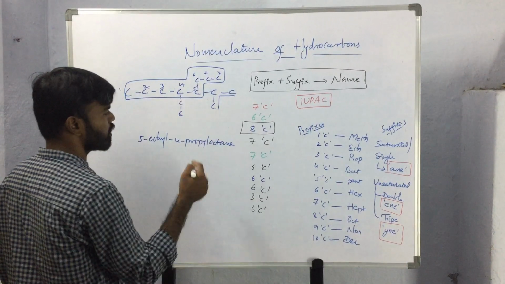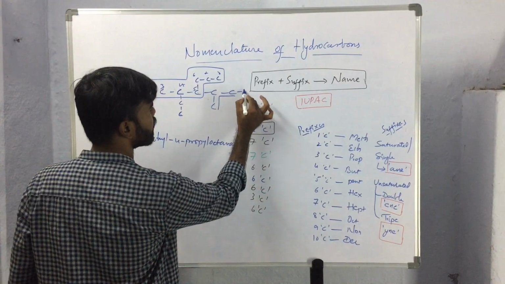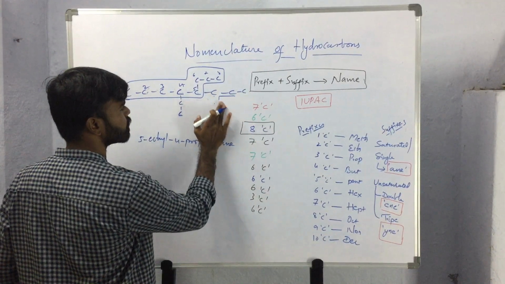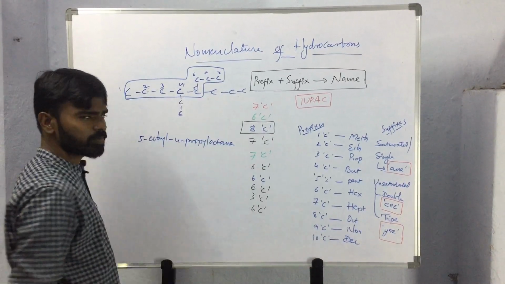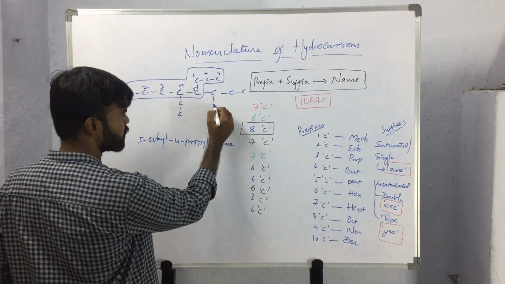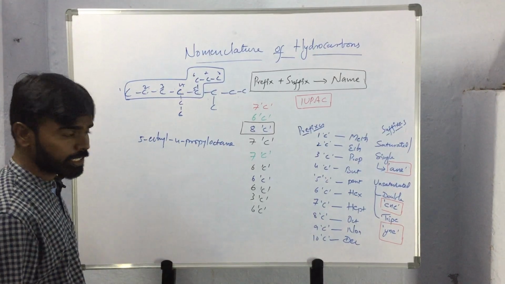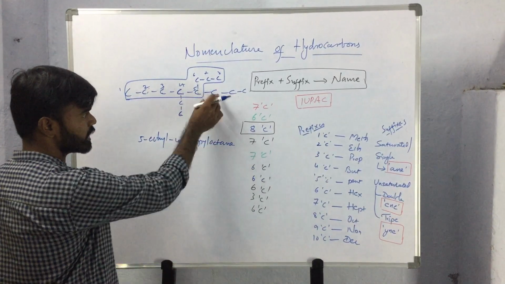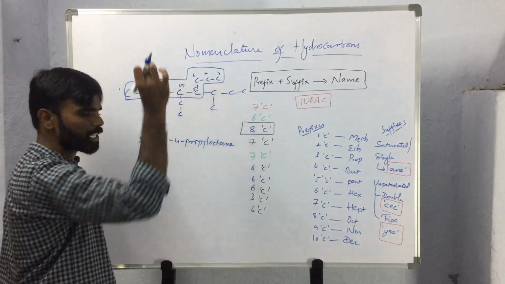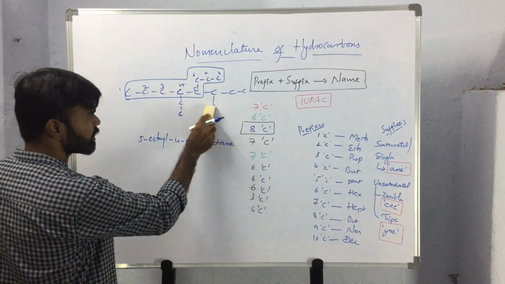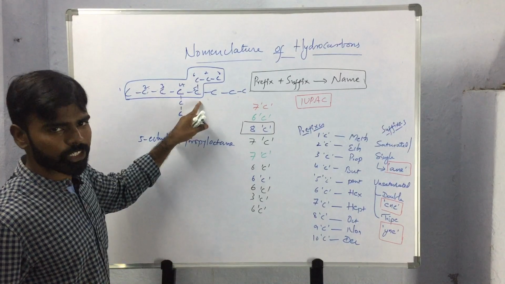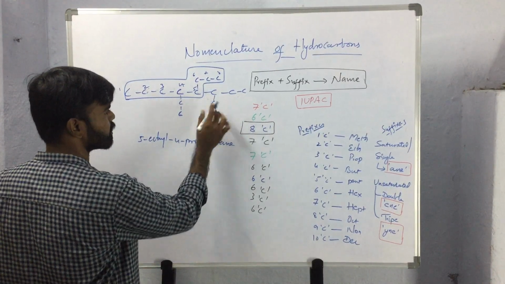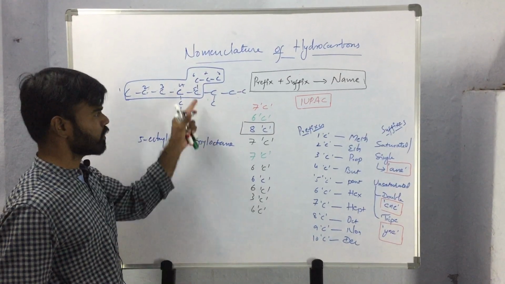Okay, now if it is like this, in this condition also this is propyl group, and in this condition also this is propyl group, but here the carbon atom which is attached directly to the parent chain, that matters. See, in this condition the first carbon atom is attached to the parent chain, whereas in this condition the second carbon atom is attached to the parent chain.